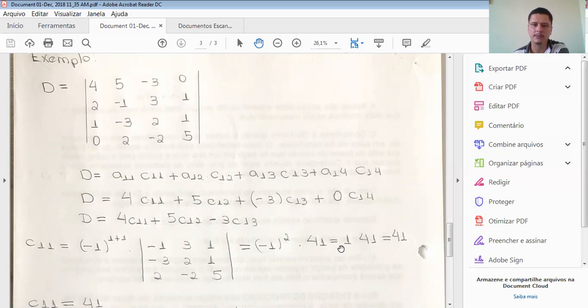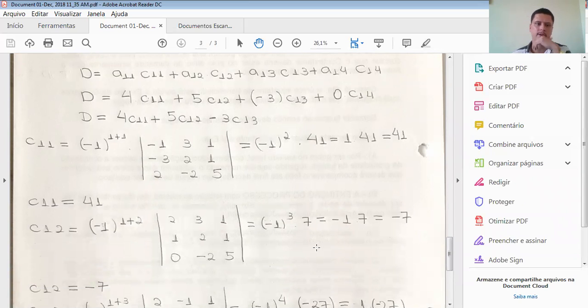So 1 times 41 equals 41. Remember that whenever you take -1 to any even power, you're going to reach 1, and if you take -1 to any odd power, you're going to reach -1. So since 2 is an even number, -1 to the power of 2 equals 1.